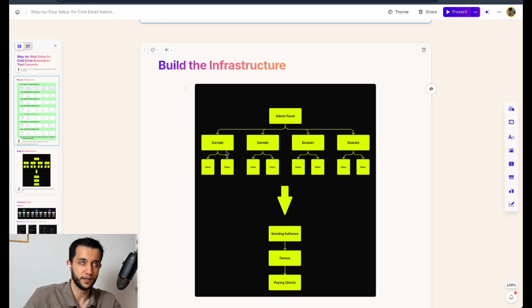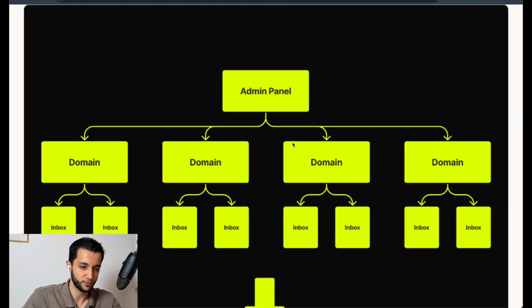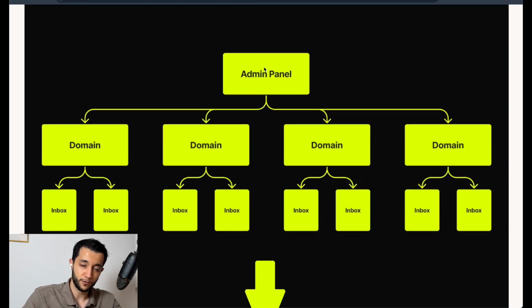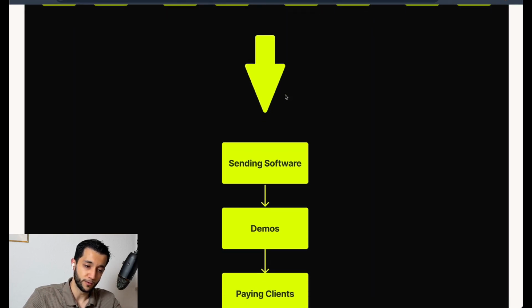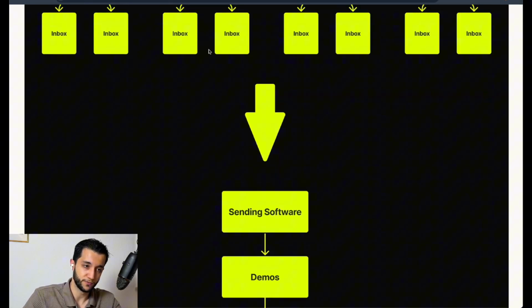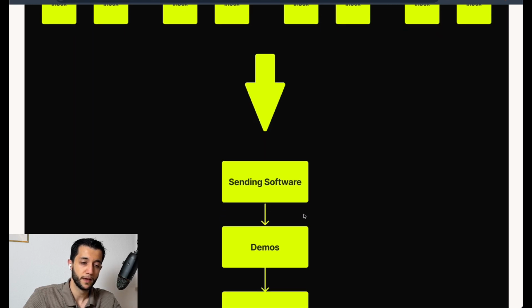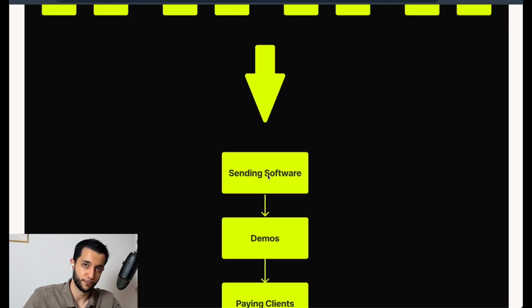How that would look in Google Workspace, at least, is you having one admin panel connecting multiple domains into it. Let me zoom in here. You have the Google Workspace admin panel, you have multiple domains, and then you have 2 users per domain. This admin panel encompasses all of this. What we then do is we take all of these inboxes that we've generated and we connect them to our sending software.